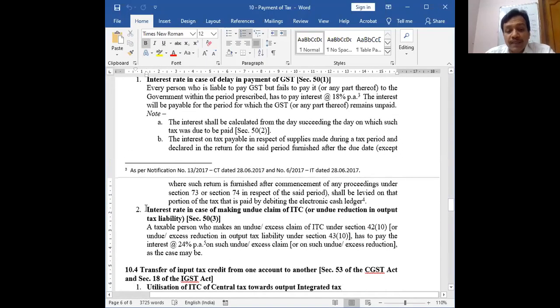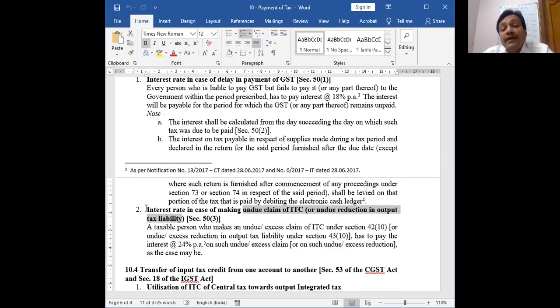Next point. Suppose by fraud means there is undue claim of ITC or undue reduction in your output tax. My earlier concept was I have not paid the GST on time. Now this is which case?